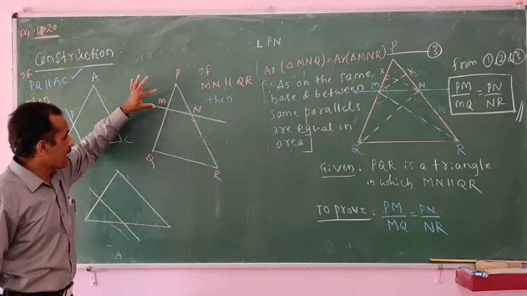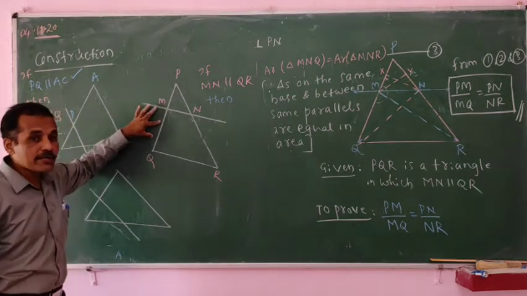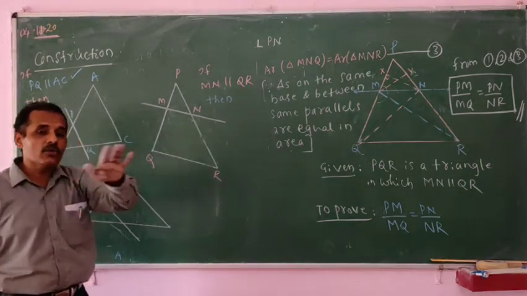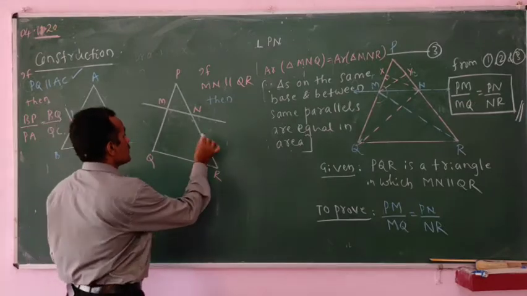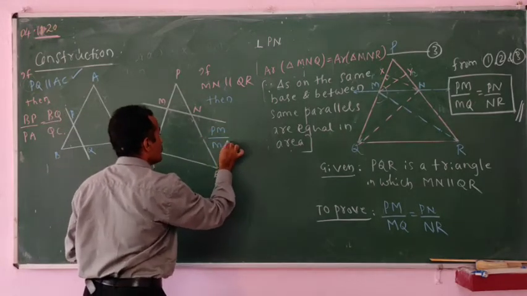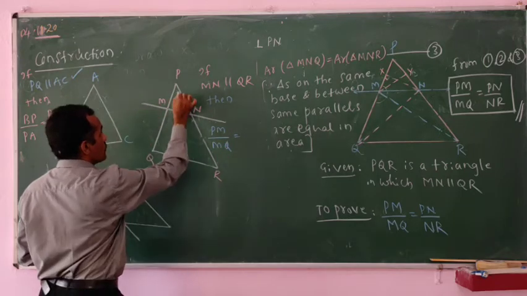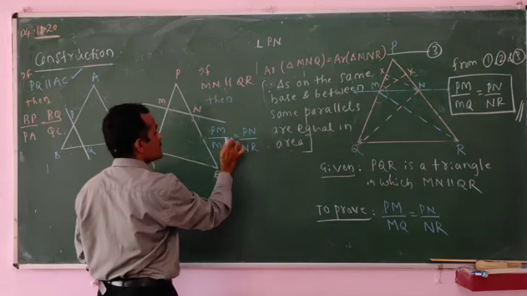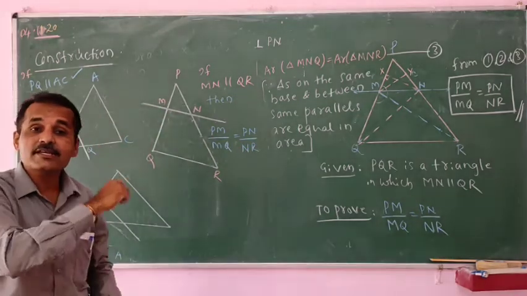No. Can I say PM and MQ are equal? No. Can I say MQ and NR are equal? No. I can say only this much: PM divided by MQ is equal to PN divided by NR. This is what Thales' theorem says.